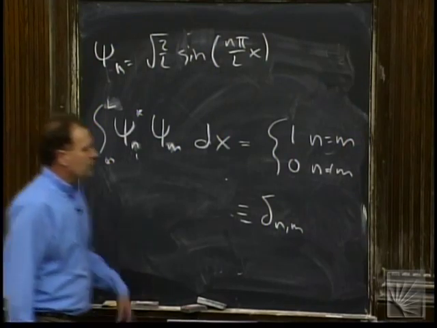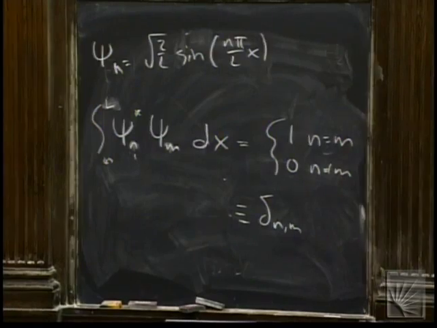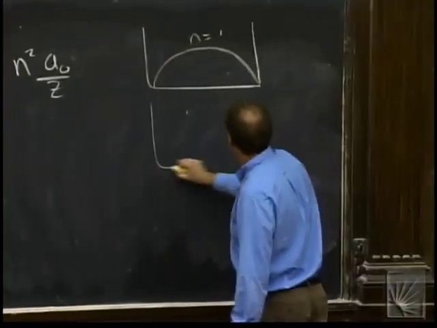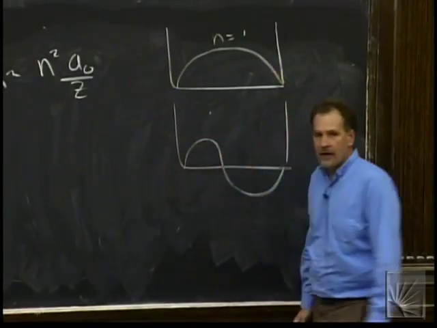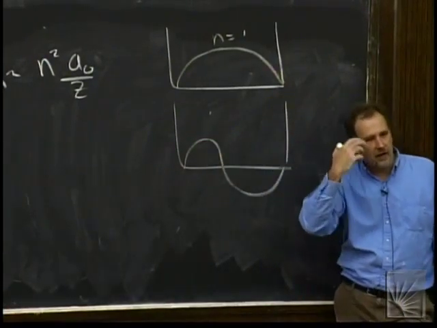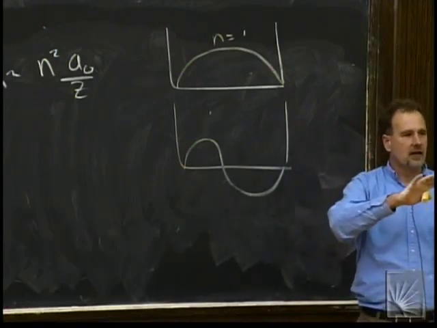It's basically pointing out something that's kind of obvious if I draw it, which is that, for instance, the n equals 1 state looks like this, while the n equals 2 state looks like that. And it goes along with this notion I tried to build of the symmetric states.